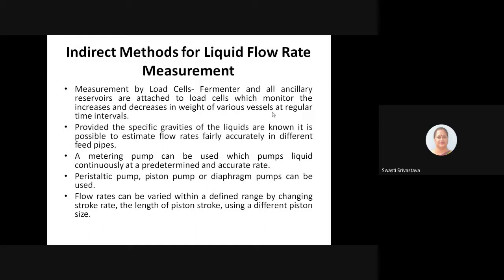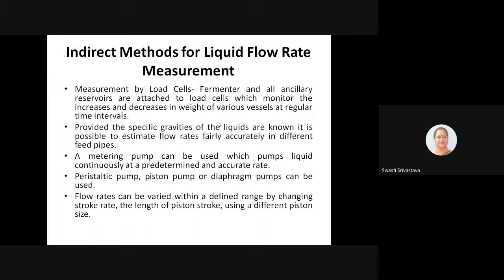Provided the specific gravity of the liquids is known, it is possible to estimate the flow rates accurately in different feed pipes. This is another technique which may be used with particulate suspensions.